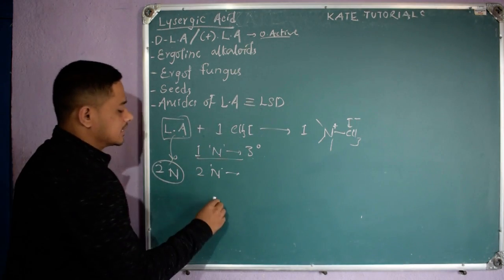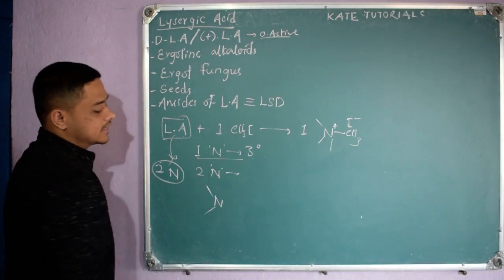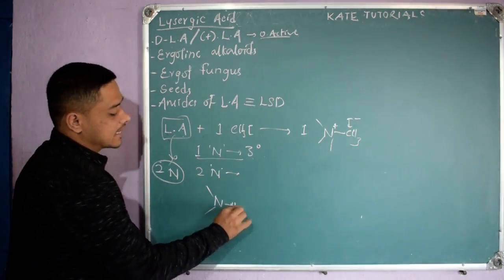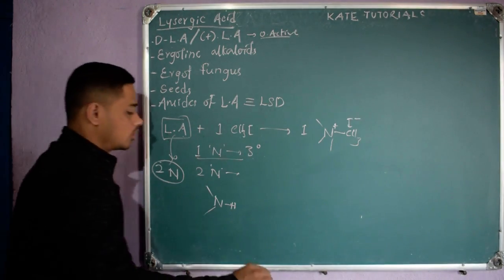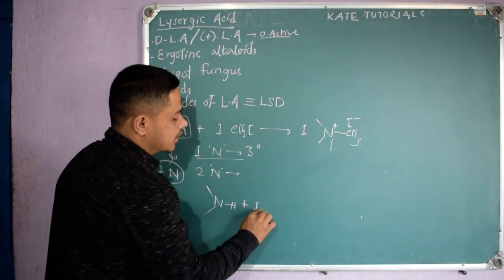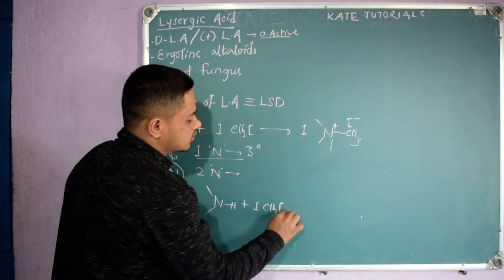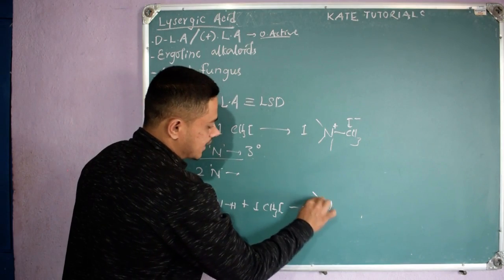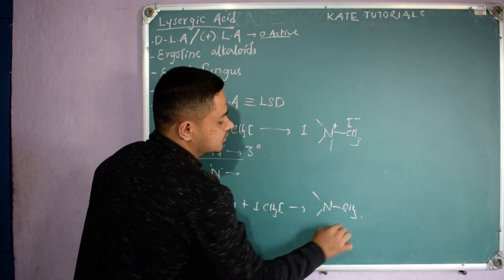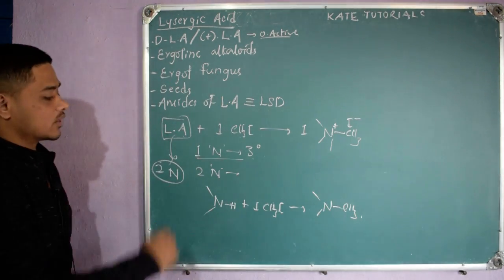That nitrogen has a hydrogen attached to it. When we treated it with one equivalent of CH3I, it formed an N-CH3, so it formed a tertiary nitrogen.